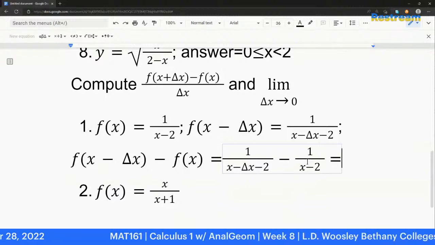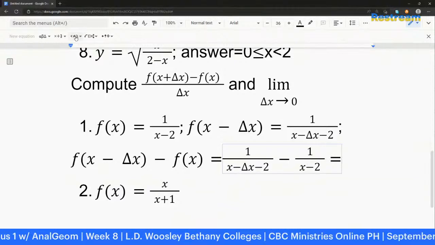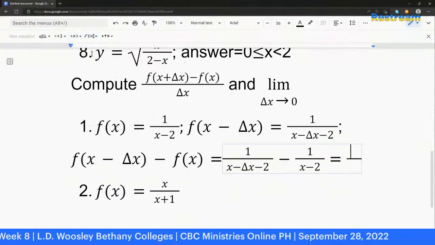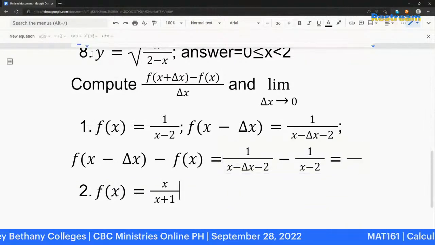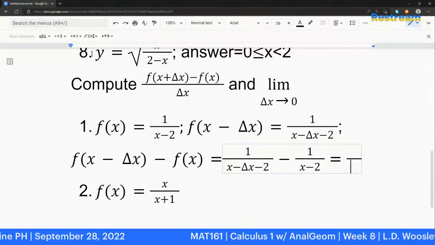Least common denominator is basically just the product of the two, no? Just the product of the two. Oh, so unahin ko na to, yung sa denominator. Oh, so it's a product.